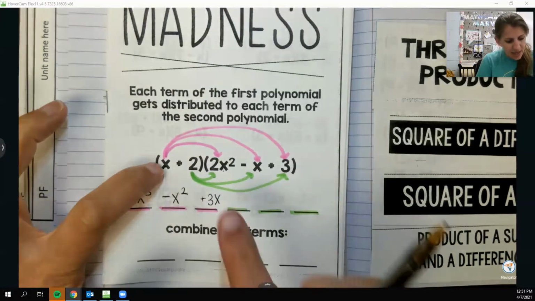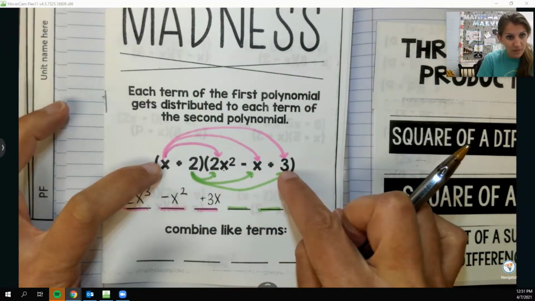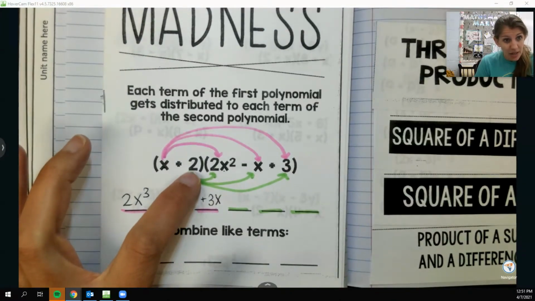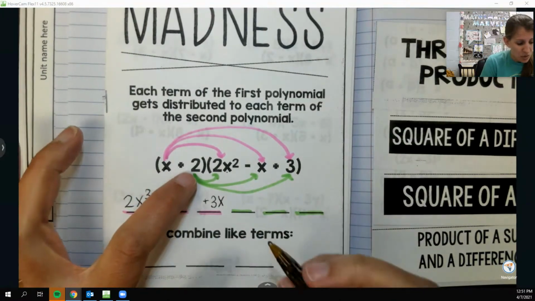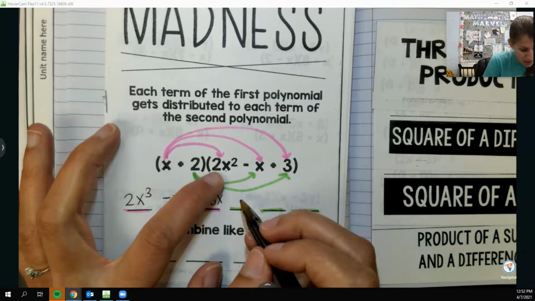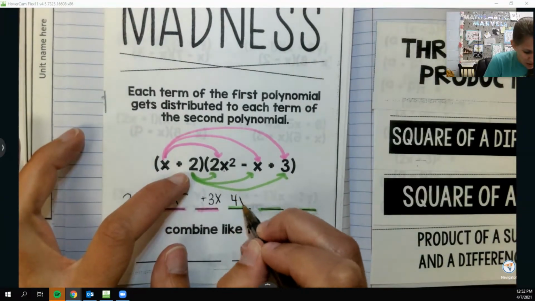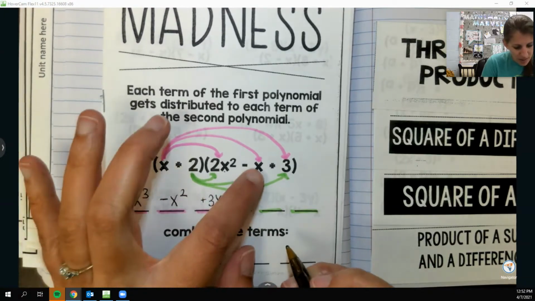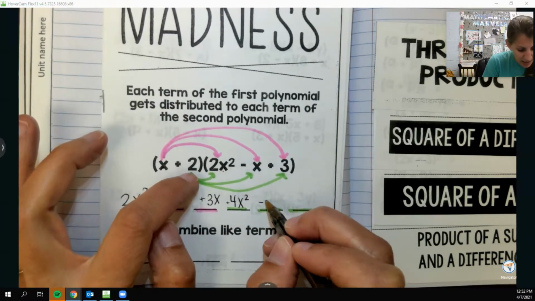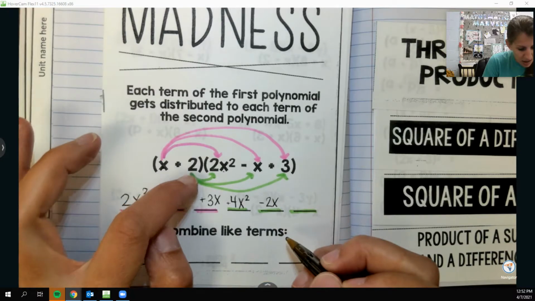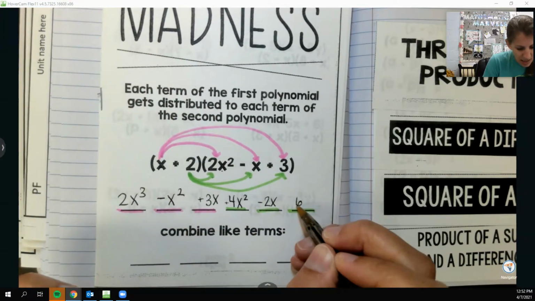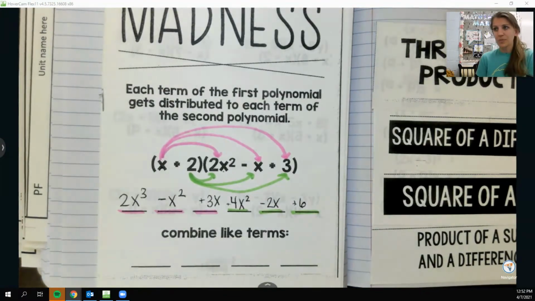So I took this one and I multiplied it by each of those. Then I want to take the second number and multiply it by each of these. So 2 times 2x squared is 4x squared, positive. 2 times negative x will be negative 2x. And then 2 times 3 is 6, positive, so plus.